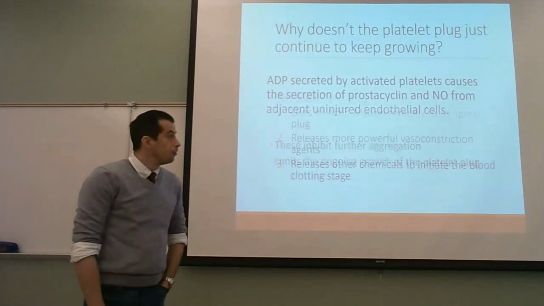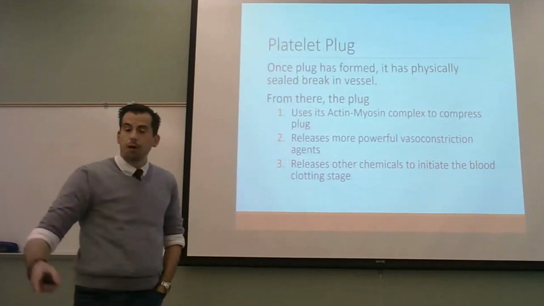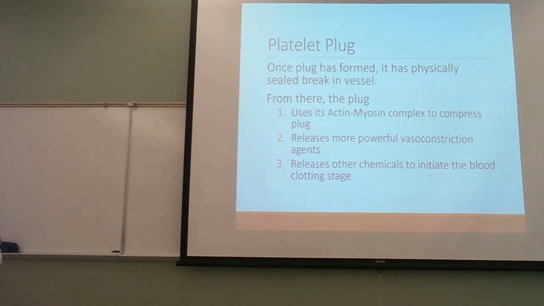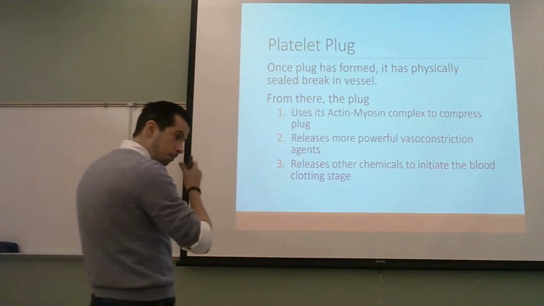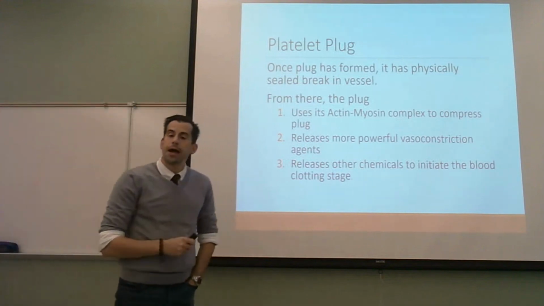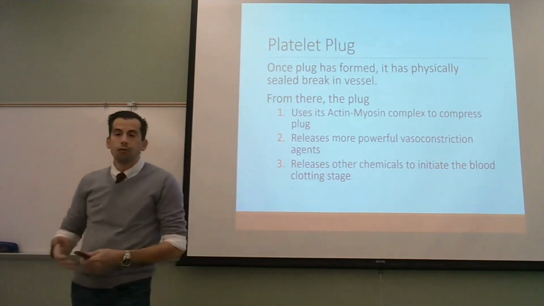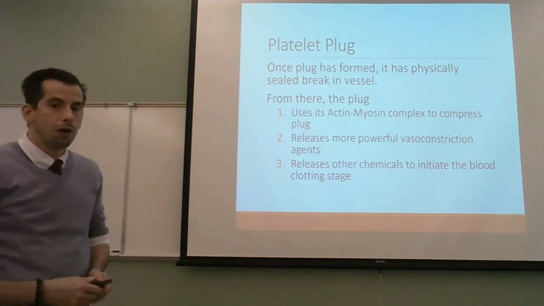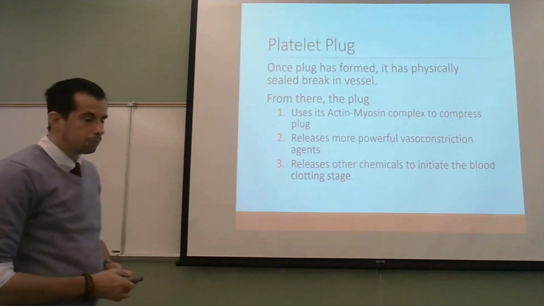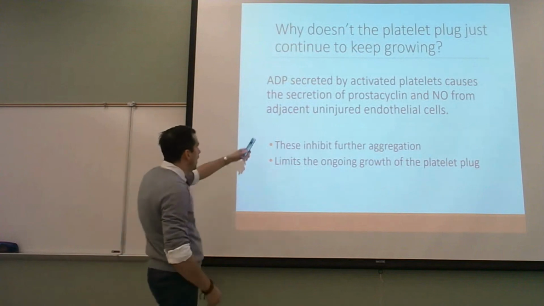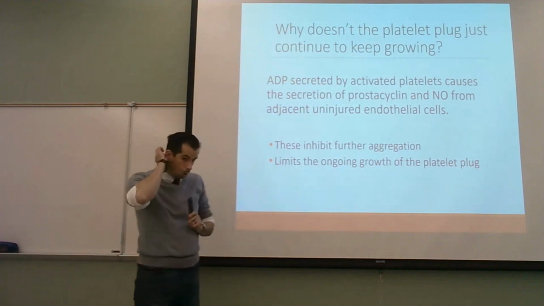Now, it's important to realize at this point, we only want the platelet plug doing its thing where the damage occurs. We don't want that mass of platelets spreading throughout the surface of normal, healthy blood vessel. In order to keep it from spreading, ADP has a secondary role.